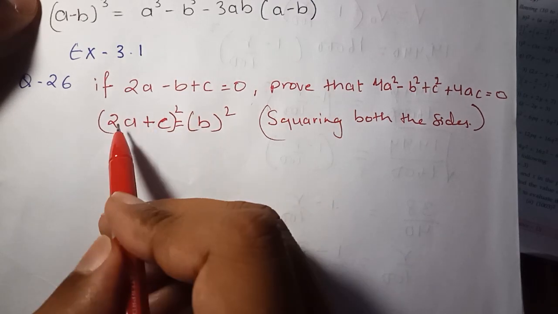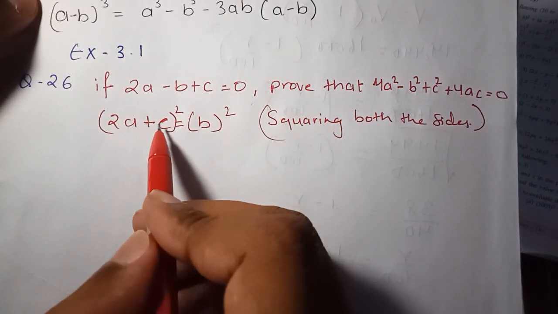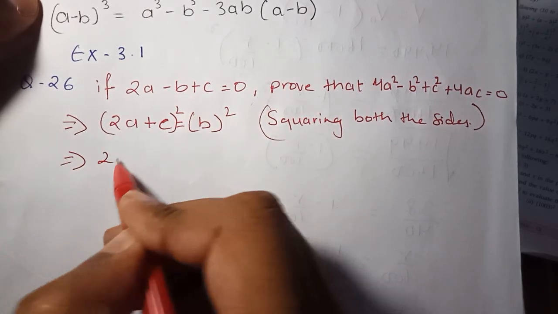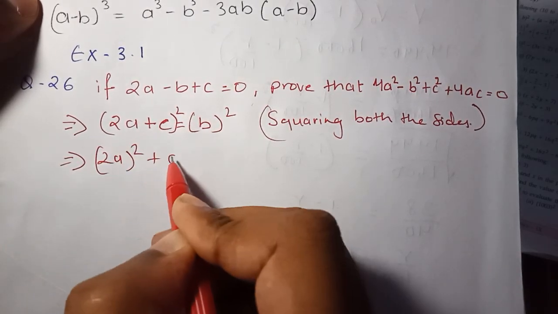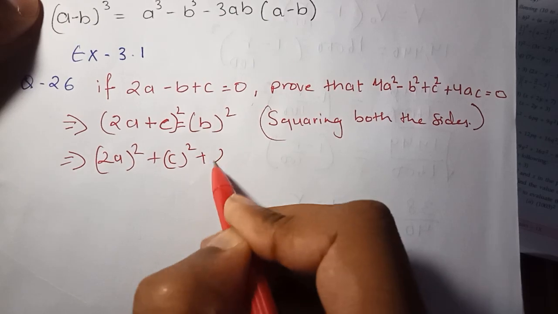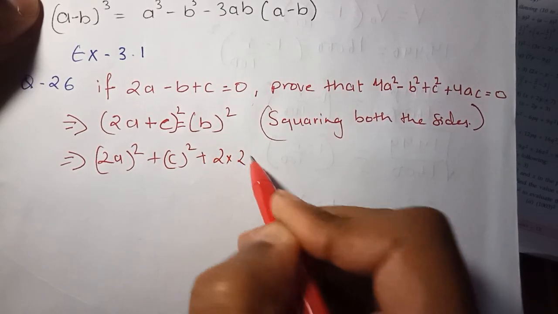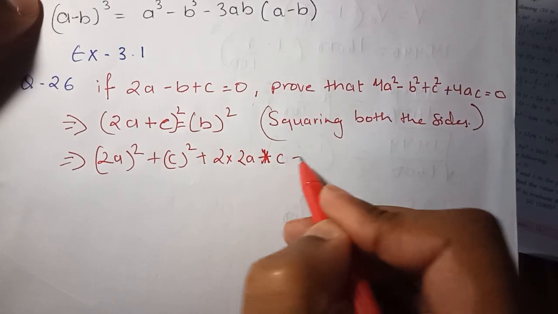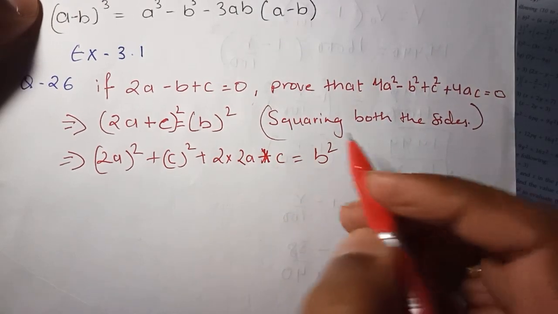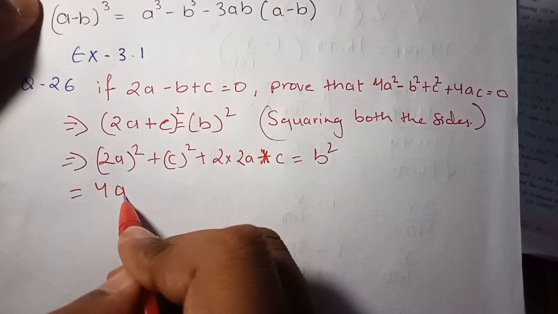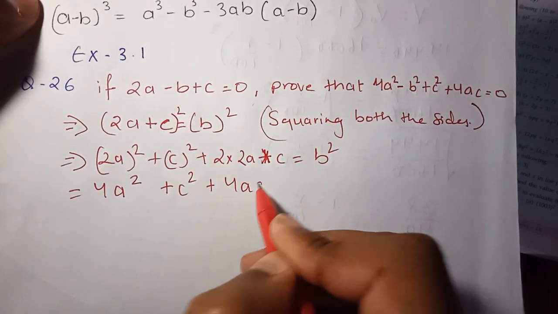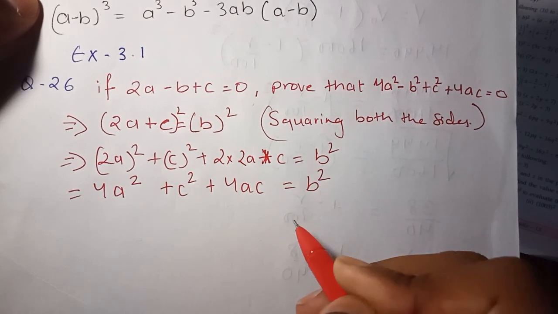So if you have a look over here, 2a plus c whole square is equal to 2a whole square plus c square plus 2 into 2a into c, equals b square. So it's going to be 4a square plus c square plus 4ac equals b square.